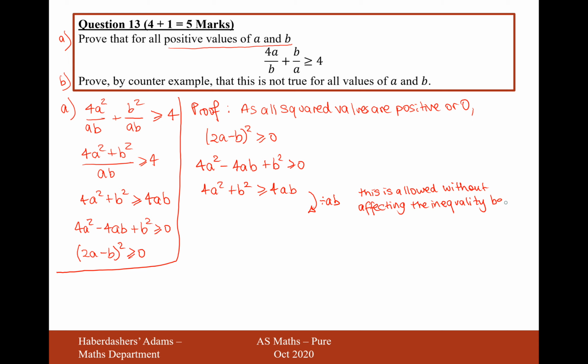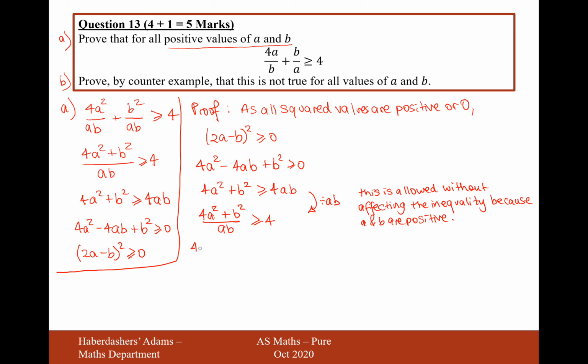Because A and B are positive. So let's divide by the AB. It's going to be 4a squared plus b squared over ab is greater than or equal to 4.